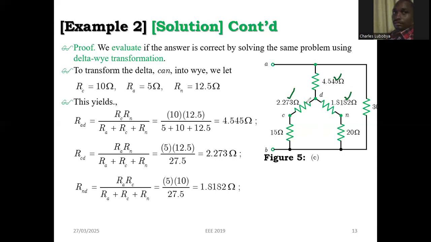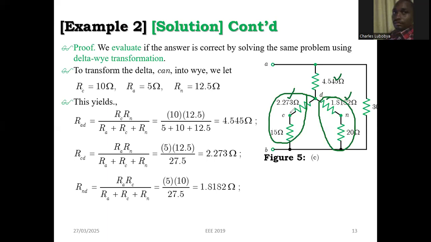Now, when you look at this, it is easy to simplify because these here are in series, you can add them together. These two are in series, you can add them together. After adding the two pairs on each branch here, you can then treat them as being in parallel, which is what we had here.